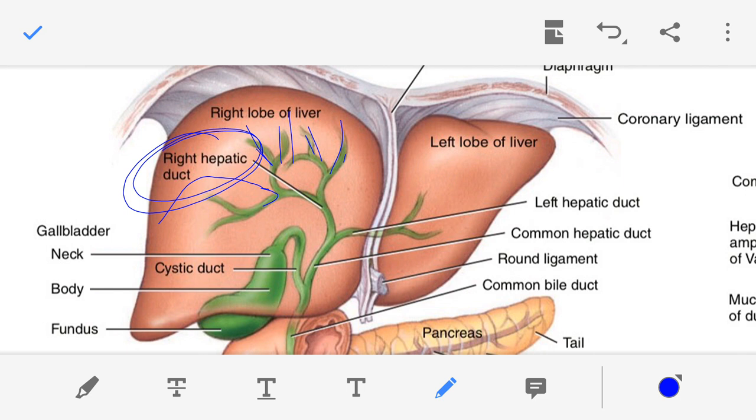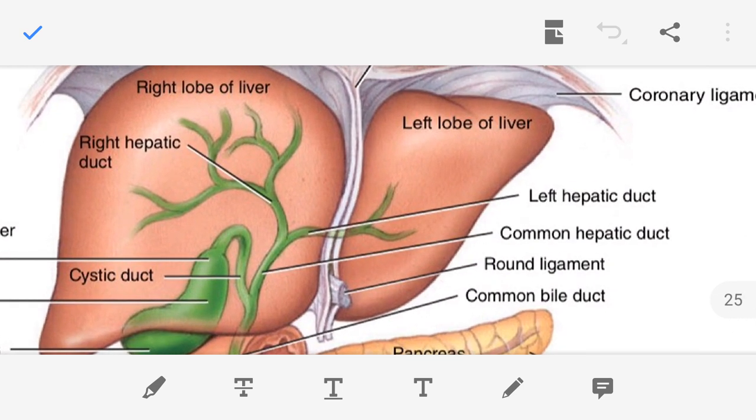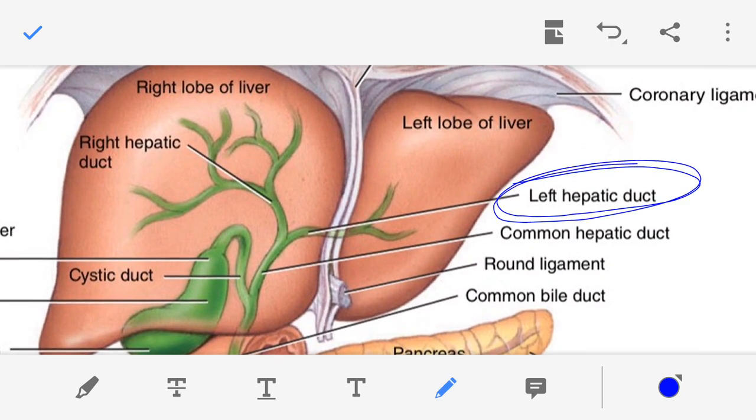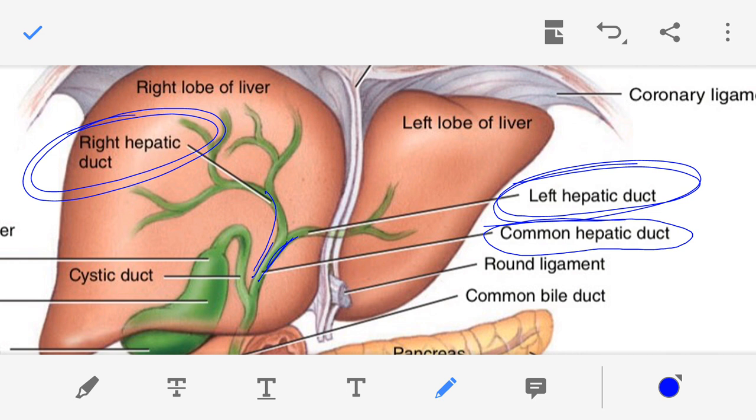So the bile ducts of the right lobe of the liver open into the right hepatic duct, and the bile ducts of the left lobe of the liver open into the left hepatic duct. Now the right and left hepatic ducts join together and the common hepatic duct is formed.